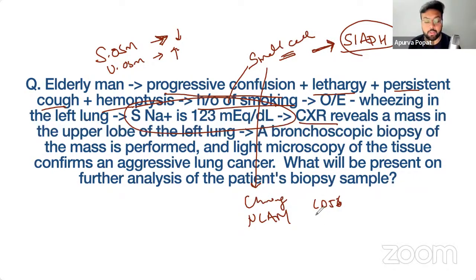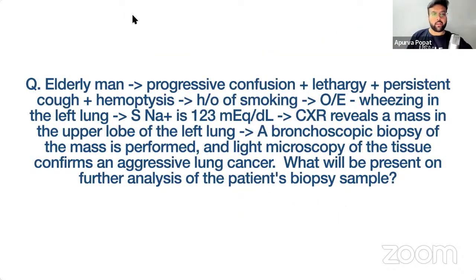Neurofilament will also be positive. Neuron-specific enolase, NSE, will also be positive. So all the markers related to the nerves will be positive in small cell carcinoma of the lung, because it's a neuroendocrine tumor. Very good. Perfect.